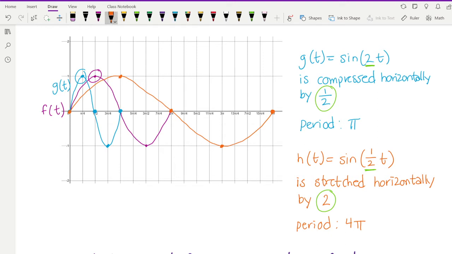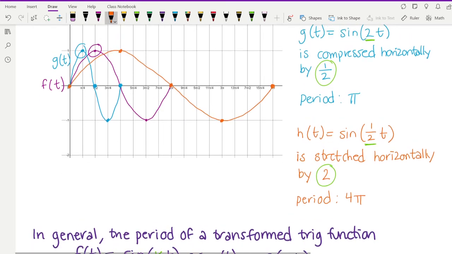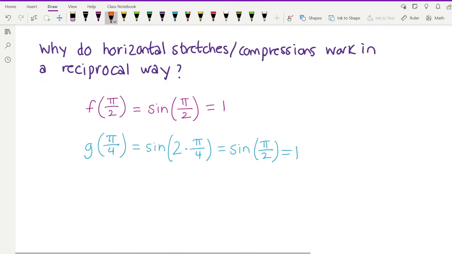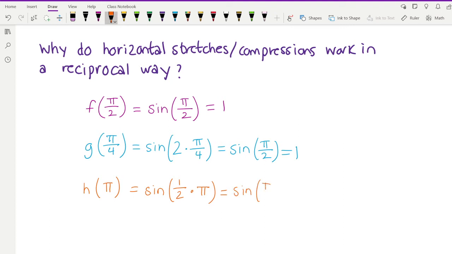And then we can see something similar happening in h of t. So notice that h of t reaches its maximum at t equal to pi. And that is because if you were to plug in pi, you would get sine of 1/2 times pi, which is sine of pi over 2, once again, which again is 1. So in this case, in order to reach that same maximum, you have to plug in a larger number for t, right?